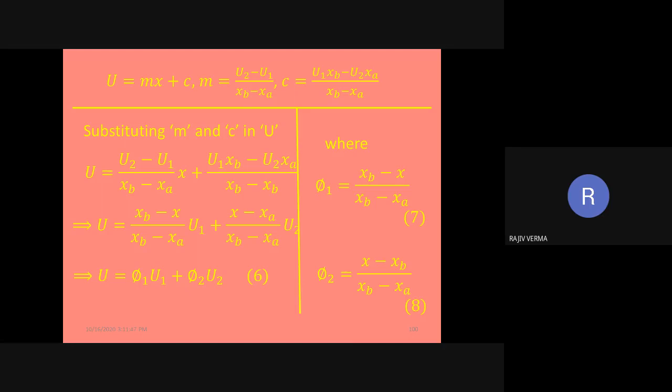Of course, the expressions of m, n, and c are going to be quadratic expressions. They are going to contain terms of x square.